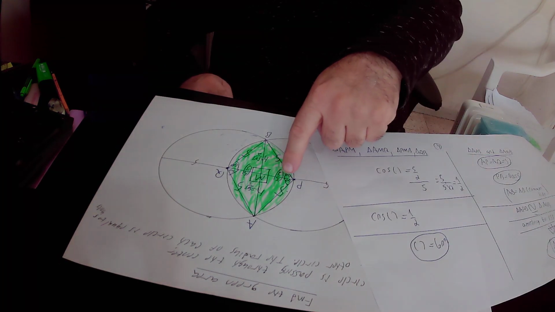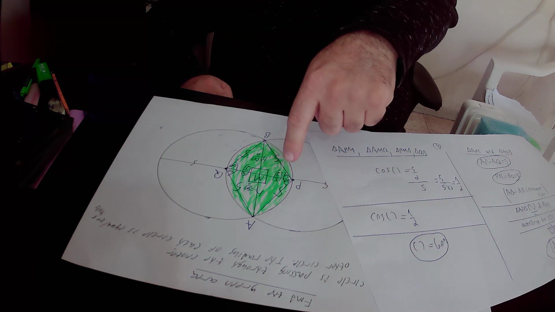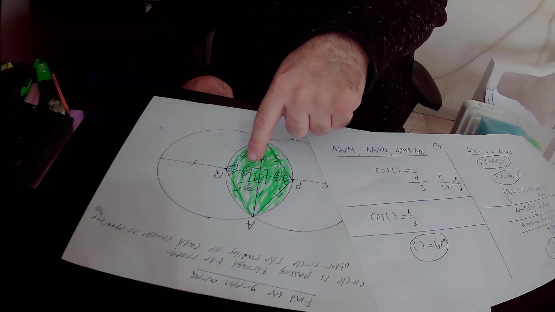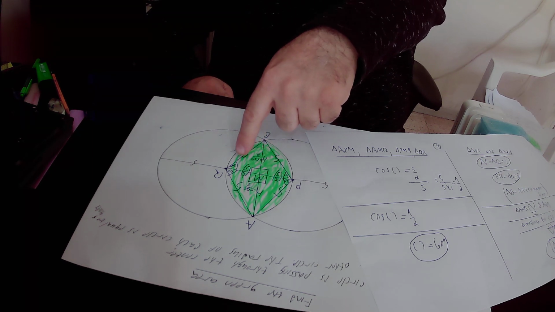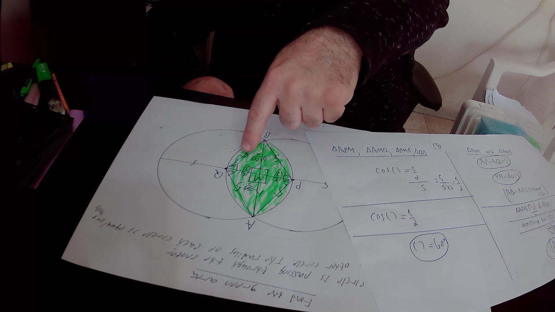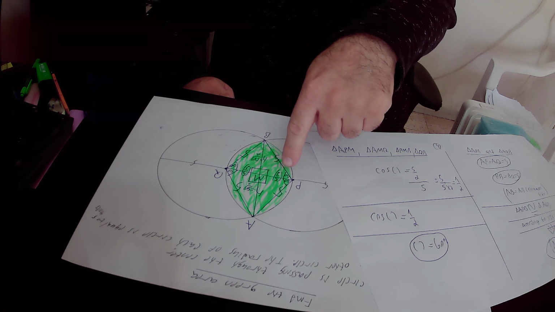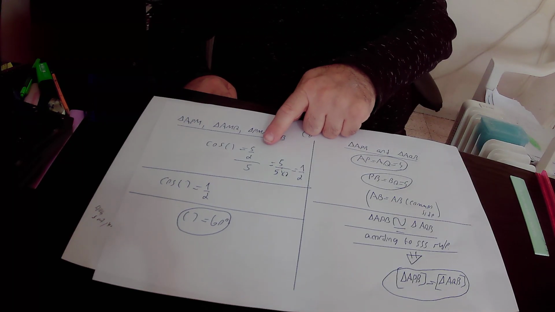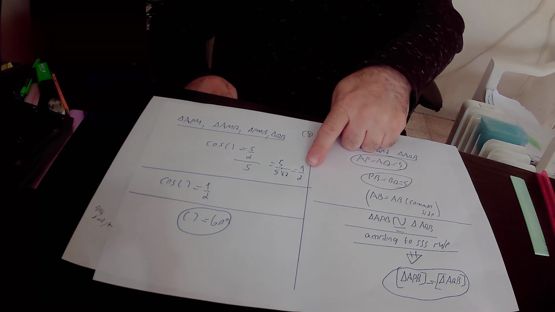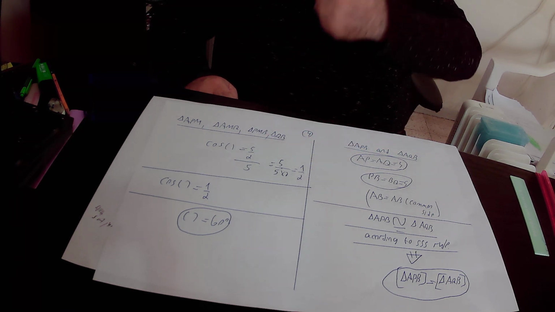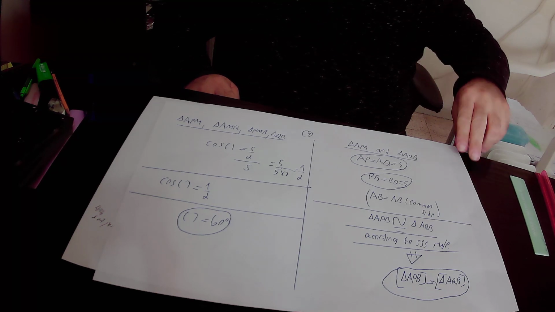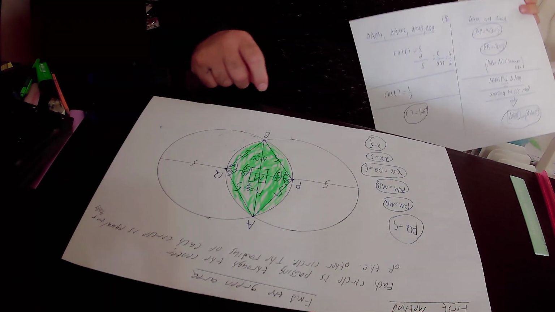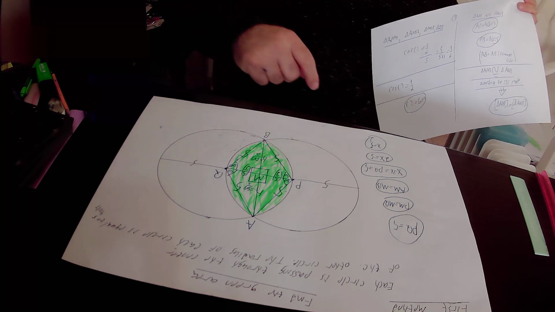The cosine of this angle equals 5 over 2 over 5, and the cosine of this angle equals 5 over 2 over 5. And 5 over 2 over 5 is 1 over 2. And when the cosine of any angle equals 1 over 2, it means that the angle itself equals 60 degrees. So we found out that all 4 angles here are equal to 60 degrees.